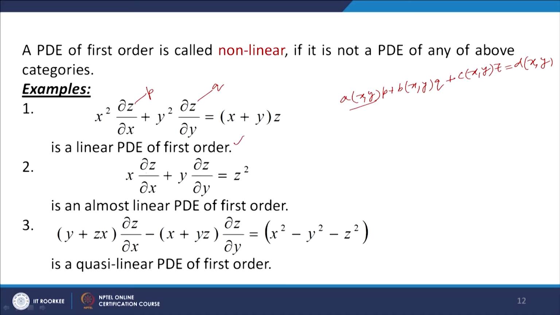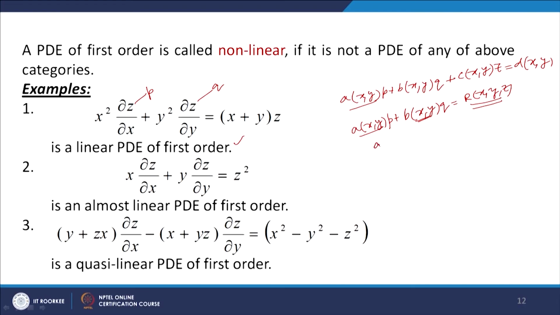So it is a linear PDE of first order. Here x p plus y q equal to z square. This PDE is of the type a(x, y) into p plus b(x, y) into q equal to r(x, y, z). Here the coefficient of p depends on x and y, the coefficient of q also depends on x and y, while this term depends on x, y, z.